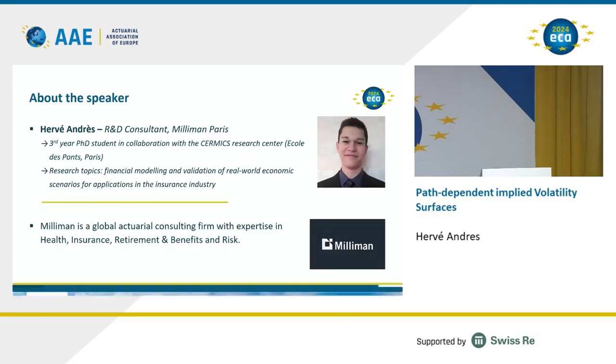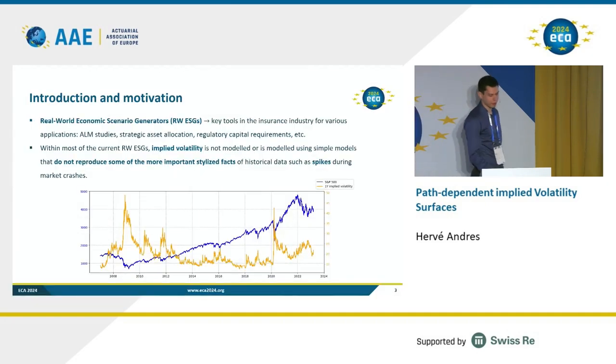So the general topic of this presentation is that of real-world economic scenario generators. Basically, real-world economic scenario generators are software tools allowing to simulate economic variables such as interest rates, equity, inflation, etc. And these simulations are expected to be realistic in view of historical data.